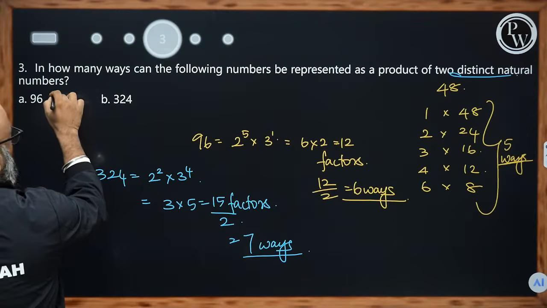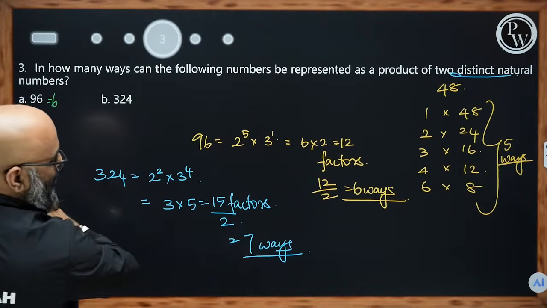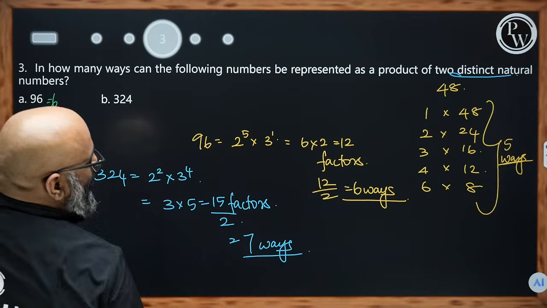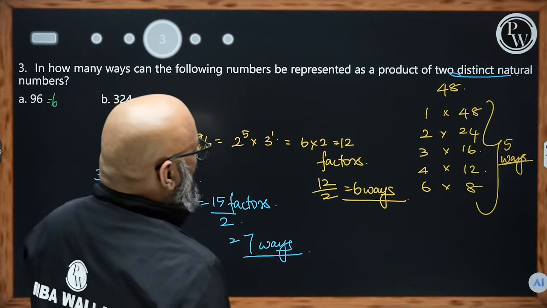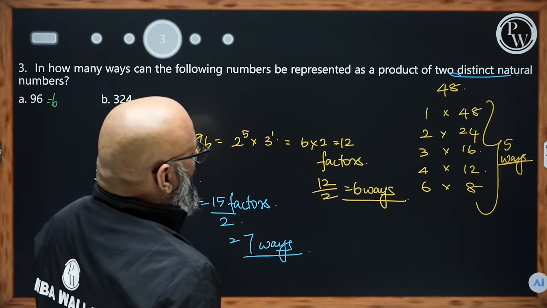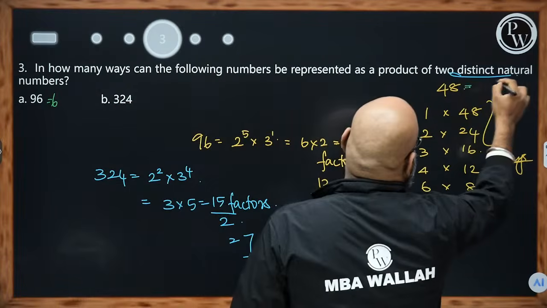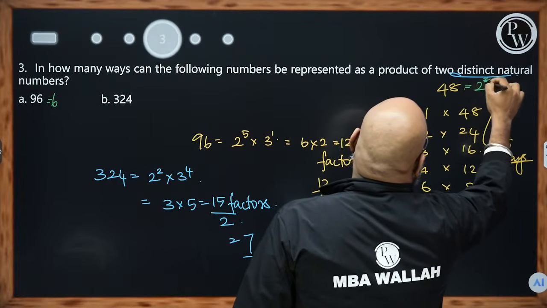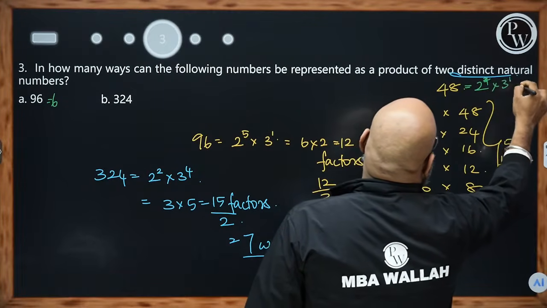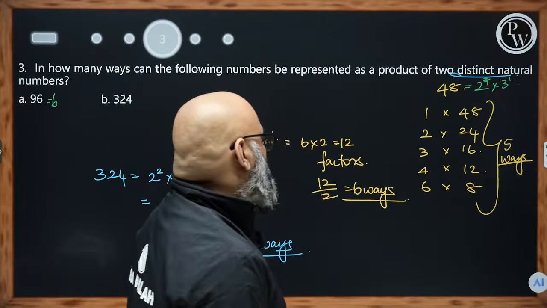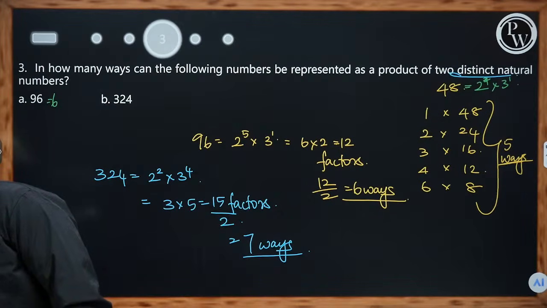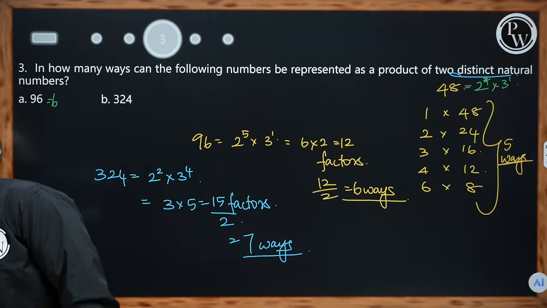So according to this question, 96 will be 6 ways. Is that 6? Sorry. Am I missing out on any other number? 1, 2, 3, 4. 48 is 2 power 4 into 3 power 1, right? That's 16 into 3. Someone said 6 ways. Pasha says 6.